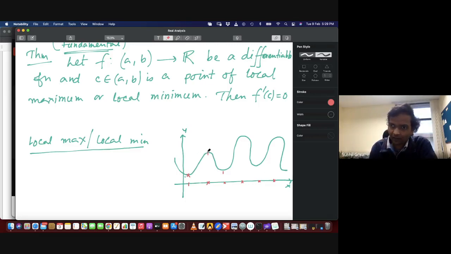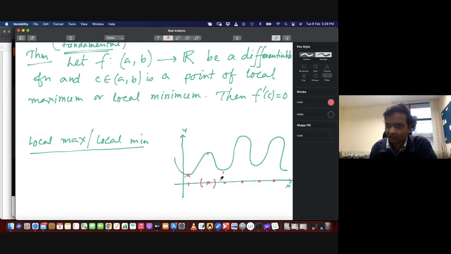So see here, this is not the maximum because this is bigger than this. But if you look at a small interval and restrict the function, then this will be the maximum. Similarly, this here may not be the minimum, since it is less than this.